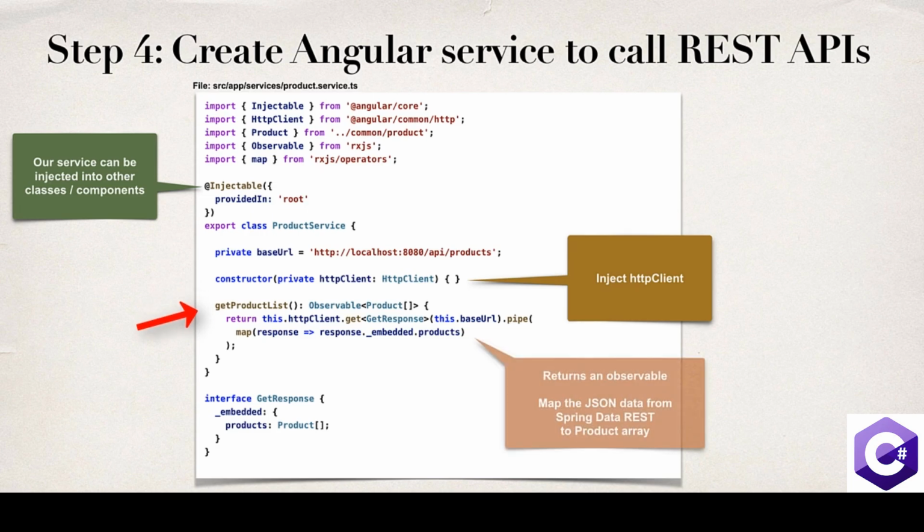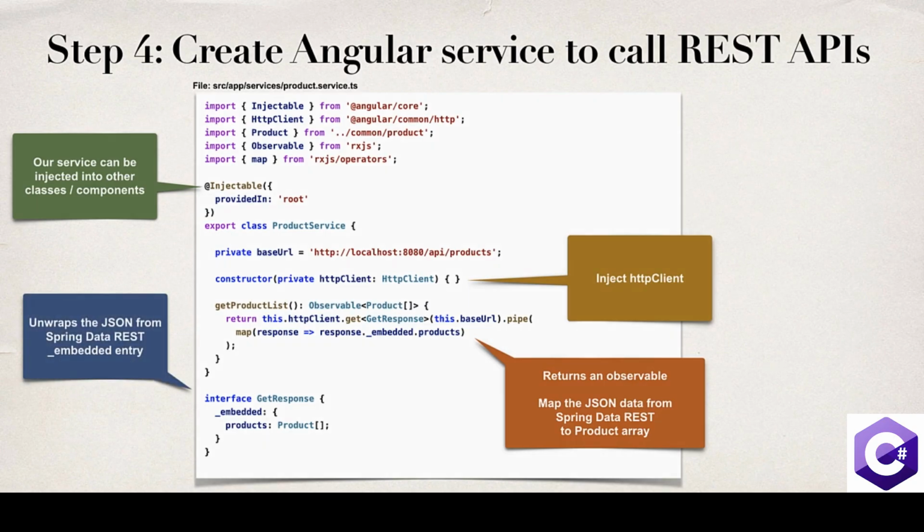And so then we have getProductList. This method will return an Observable of Product array. Inside of the code here, we have return this.httpClient.get<GetResponse>(this.baseUrl). We're going to make use of a pipe and map our data to a response, and we say response._embedded.products. That's the JSON that's coming back from that Spring Data REST API. Remember that _embedded.